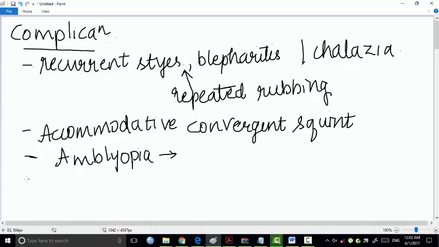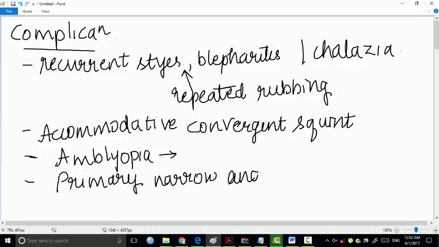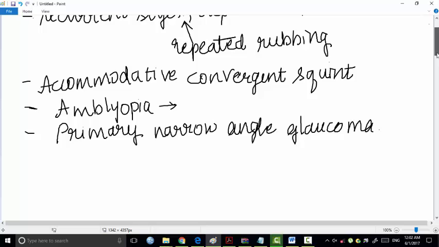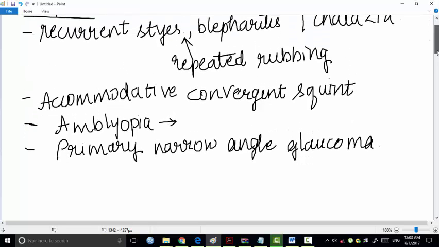Next, it may also predispose to primary narrow angle glaucoma. Right? So it may cause recurrent styes, blepharitis or chalazion, accommodative convergent squint, amblyopia, primary narrow angle glaucoma.